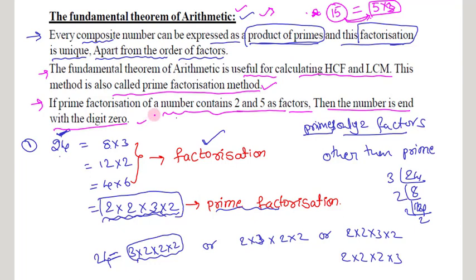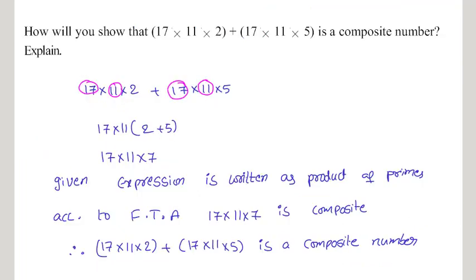This is also an important topic. Based on this, there is one question in your exercise. Let us see that problem, how we are going to apply this fundamental theorem of arithmetic and that concept.